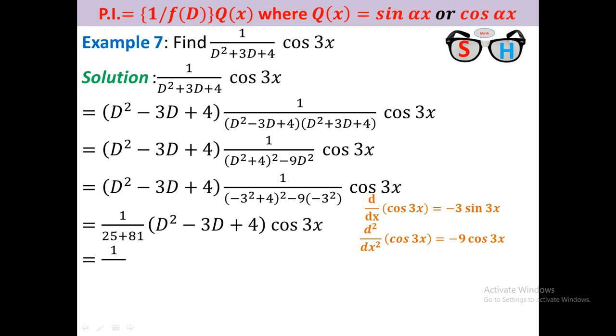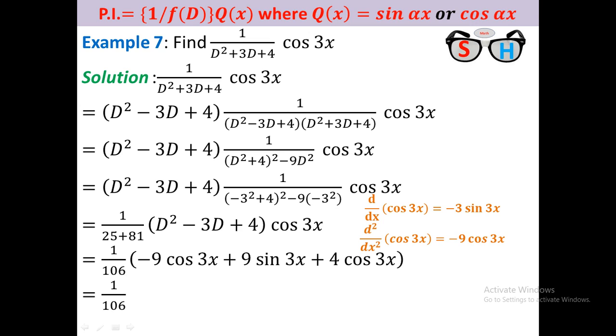Now this is 1 by 106 of d square, which means the second order derivative, that is minus 9 cos 3x. Minus 3d cos 3x means minus 3 into that derivative, giving plus 9 sin 3x, plus 4 cos 3x. If you simplify it, 9 sin 3x minus 5 cos 3x. Therefore this is the result.